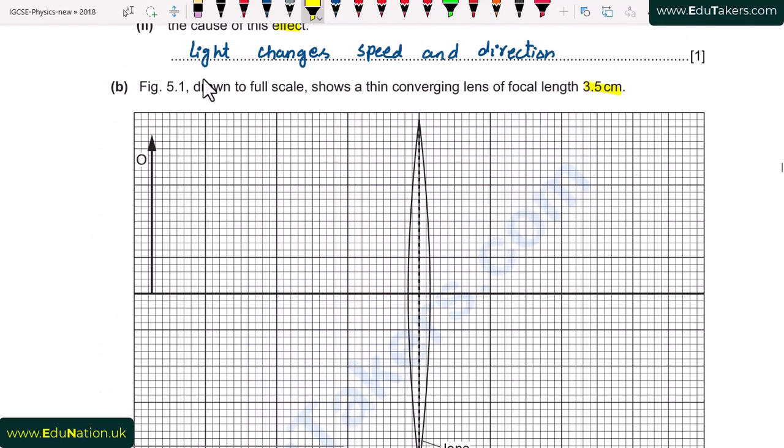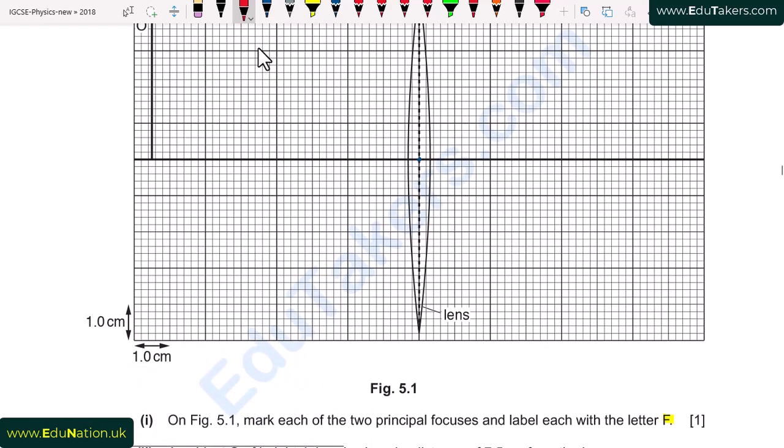So from here we can see that focal length is equal to 3.5 cm. Focal length is the distance from the center of lens to the principal focus. So first of all we have to find out the focus point, and from the center of lens we measure a distance of 3.5 cm. We can see here that one small box is equal to 1 cm.